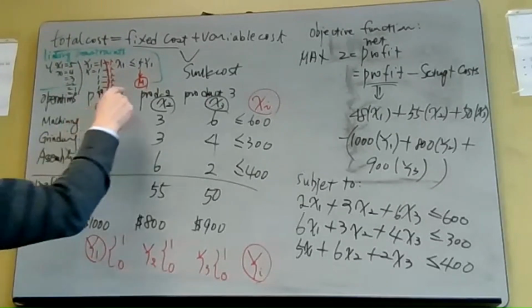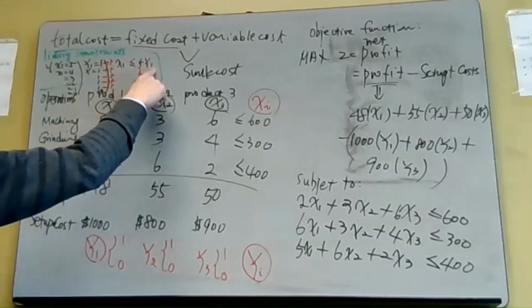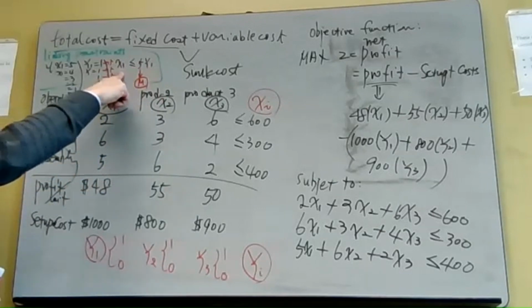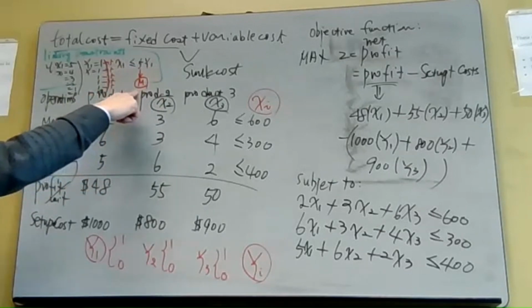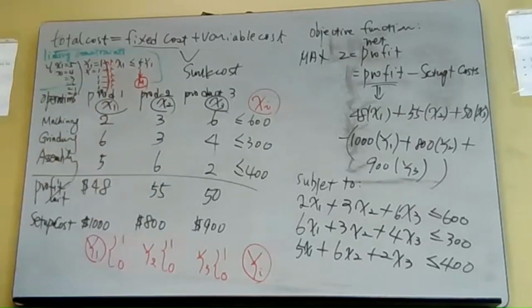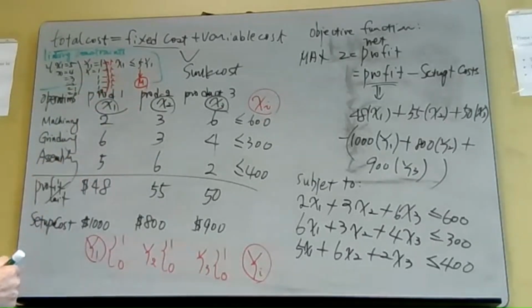That means if you have 0, x1 will be 0. If y1 is 1, you will have maximum x1, which is close to M. But that can be infinite. But actually, we can find the exact number for M.